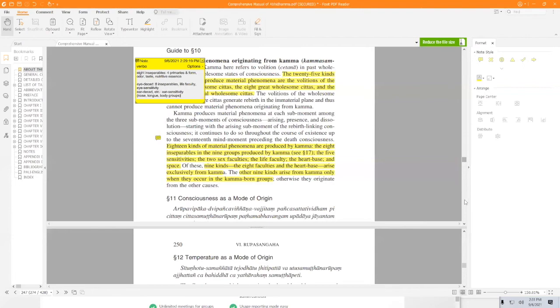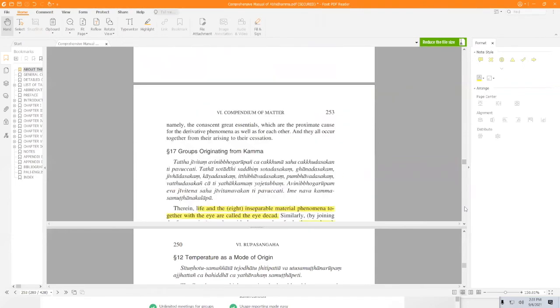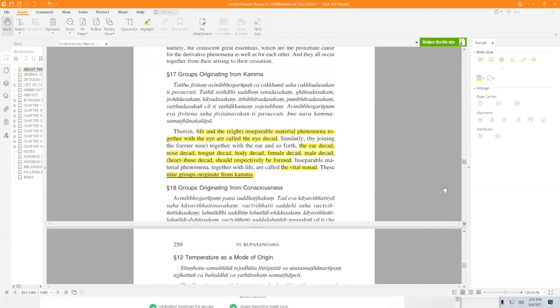Let's go down to number 17. Okay, so we have the groups originating from karma. We have the eye decad, then the ear decad, nose decad, tongue decad, body decad.